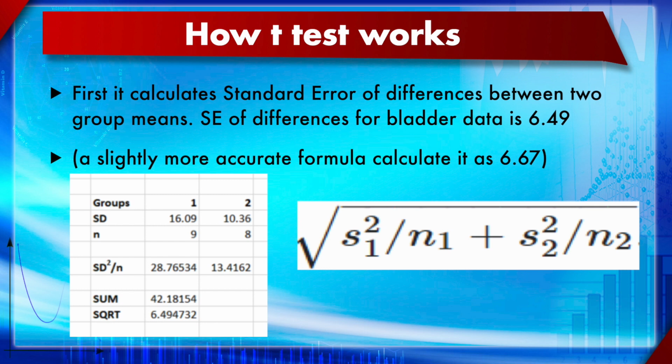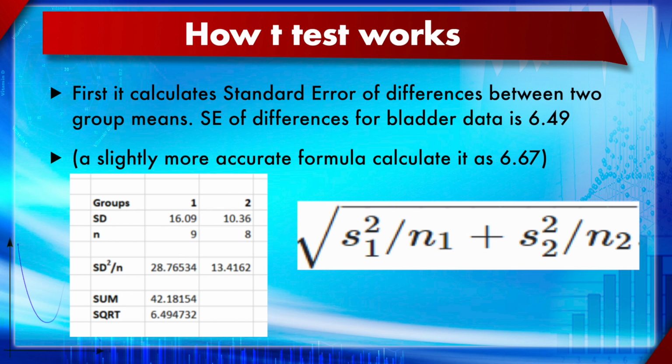First it calculates the standard error of the difference between the two group means. We know group mean 1 and mean 2, so just take the difference, subtract these two values. That is the difference in the group means. Now how will you calculate the standard error of those differences?